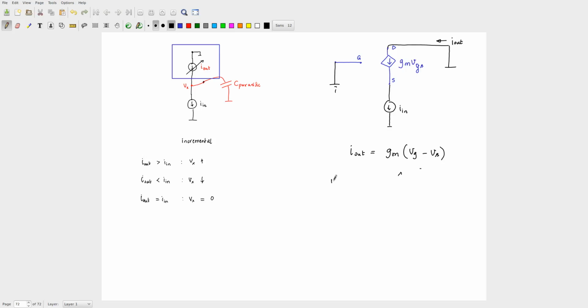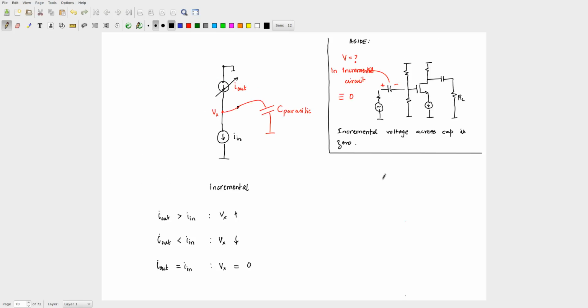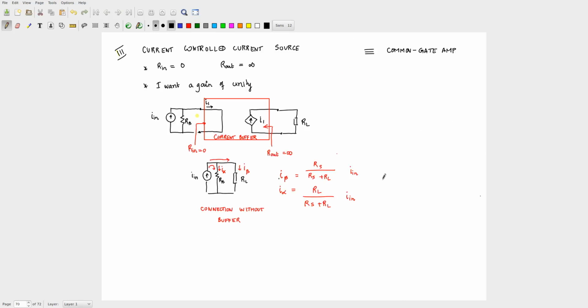So that becomes the incremental circuit. Has everyone got this? No? Okay. As I said here, this is a current controlled current source for signals. So I am trying to make a buffer for a current source. Just as I have, for example, a microphone which is giving me a voltage, I can have, say, a photodiode whose output is actually a current.